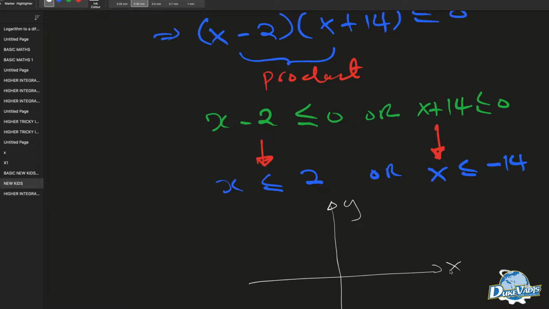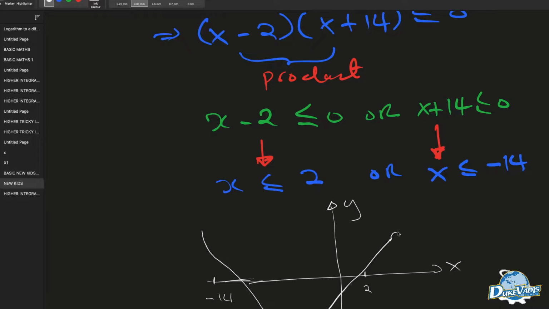You see the value of 2 is in the positive range here, and -14 is somewhere there. So the graph, when we sketch it, roughly it's going to go like that.